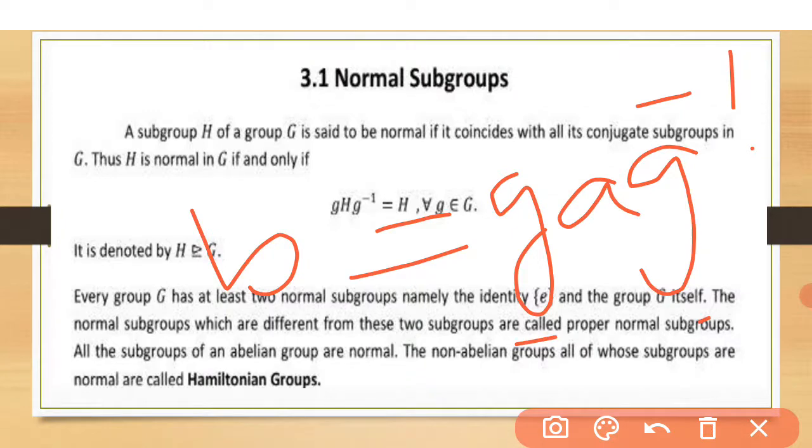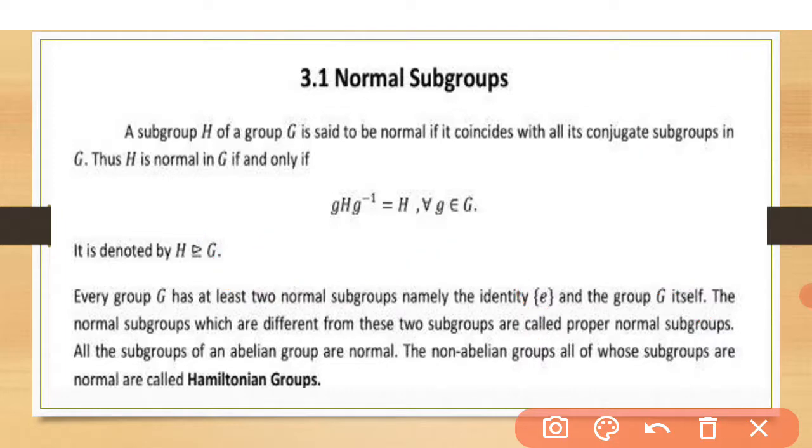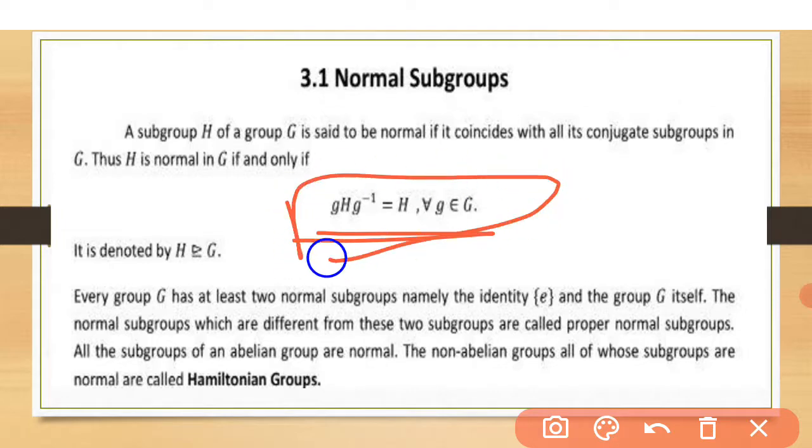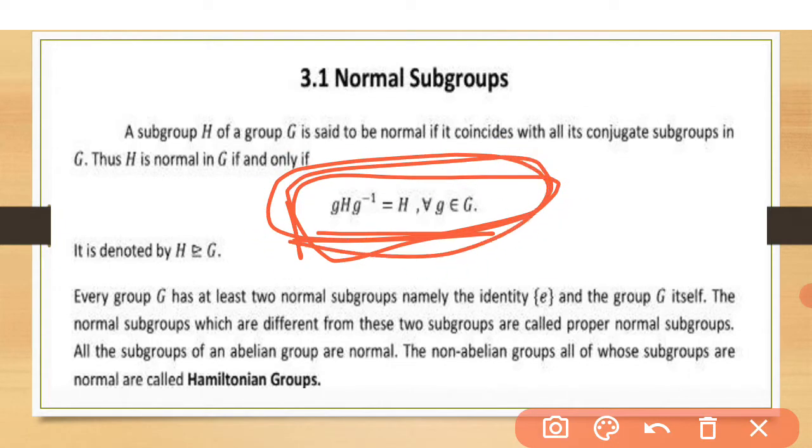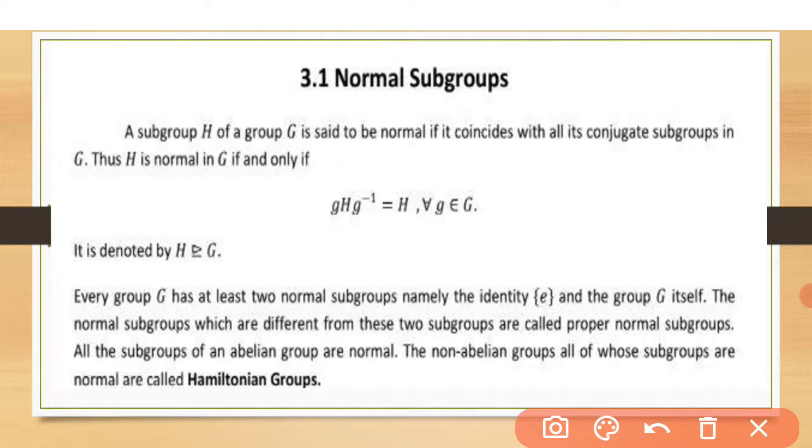This condition gives us the conjugates. So we can see that these are also self-conjugates. This criterion tells us that it is a normal subgroup. Symbolically, H is a normal subgroup in G.